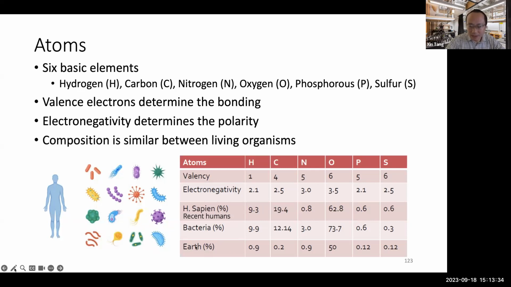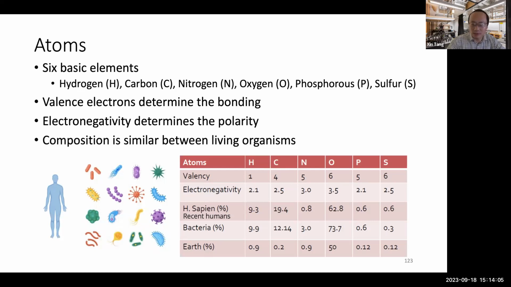Okay, and the last row shows the distribution of those elements on the Earth, for the non-living system. Okay, so those are the most basic atoms. And then those elements combine together. Due to their electronegativities, they can form bonds.